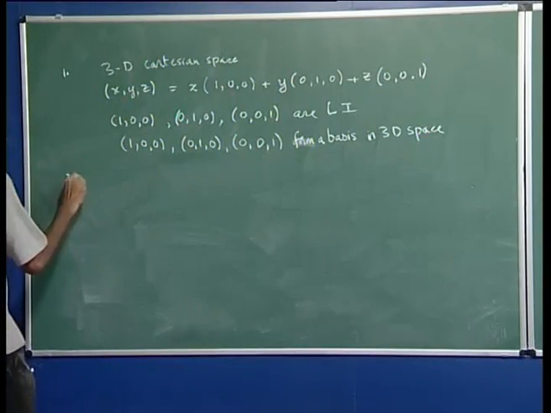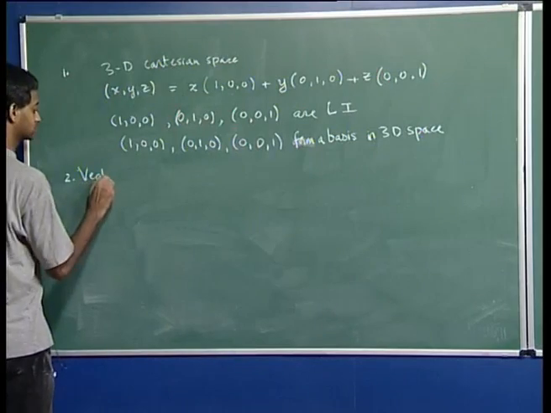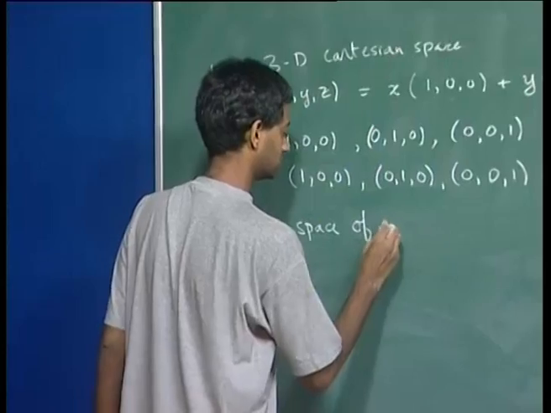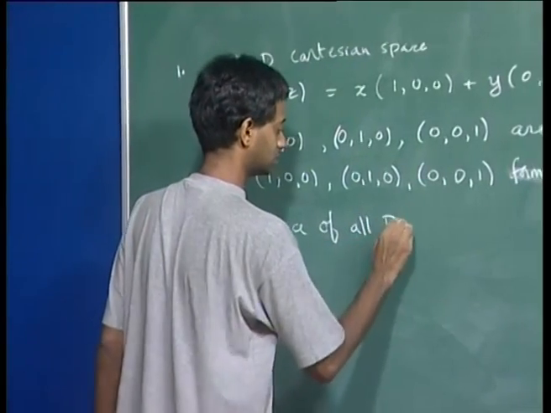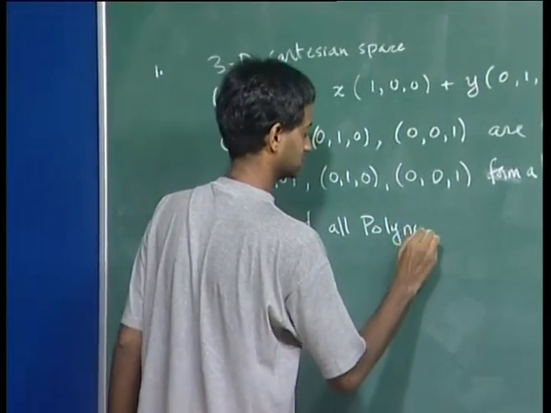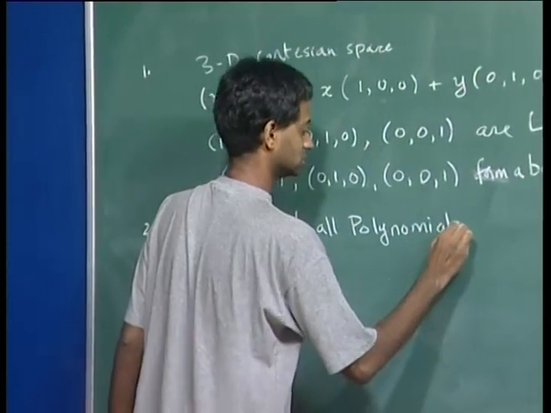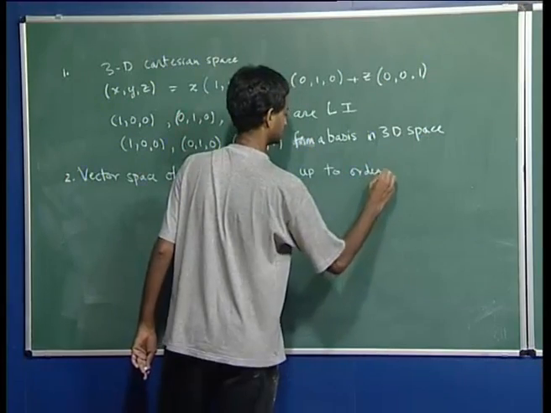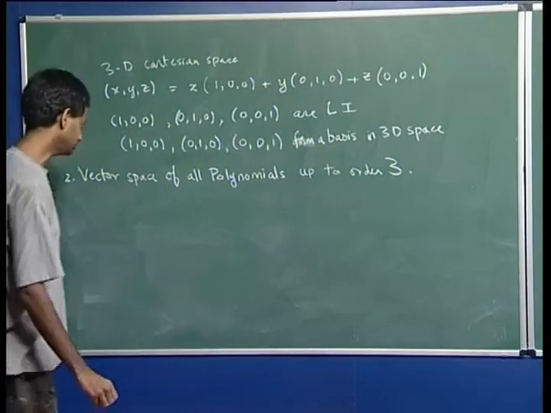This is the vector space of all polynomials up to order 3. Okay.